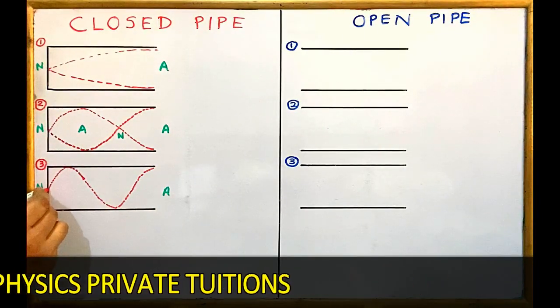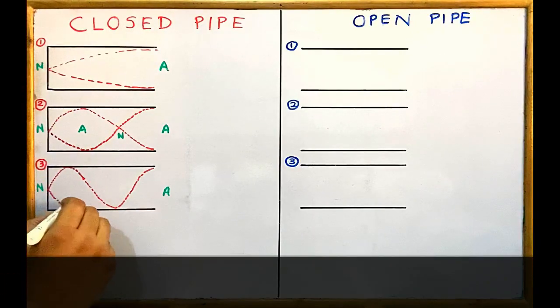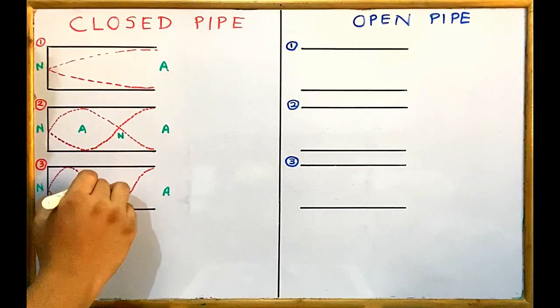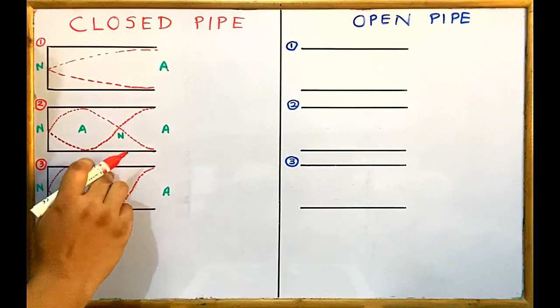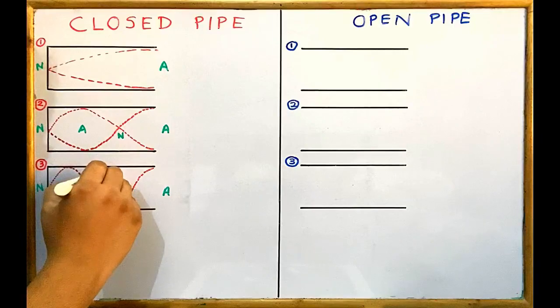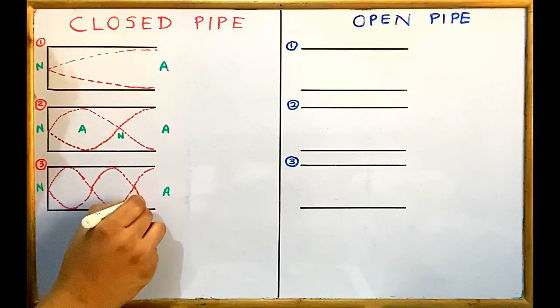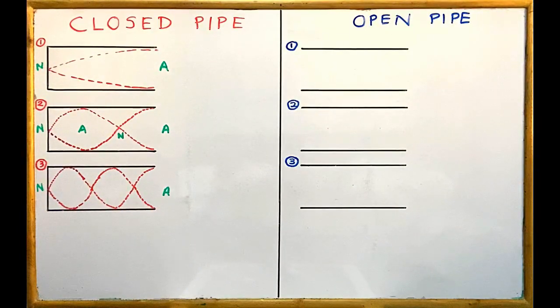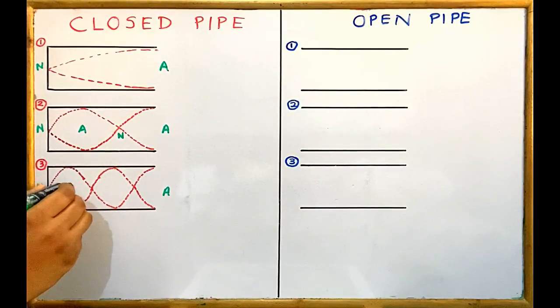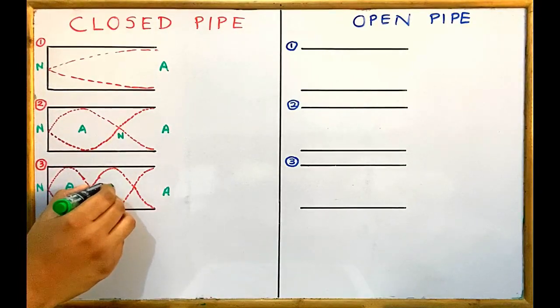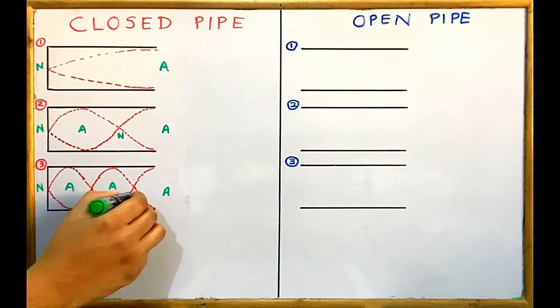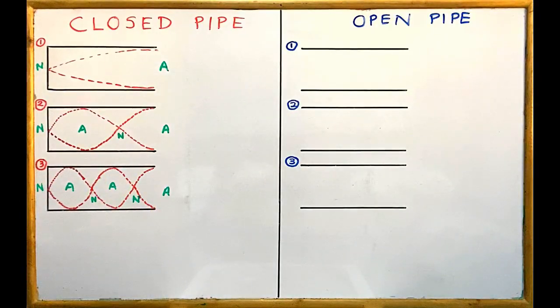And then, as you can see, there's a node here, antinode, again a node, again an antinode, again a node, and the last one is obviously an antinode. Okay, so that's your diagram for the three closed pipes.